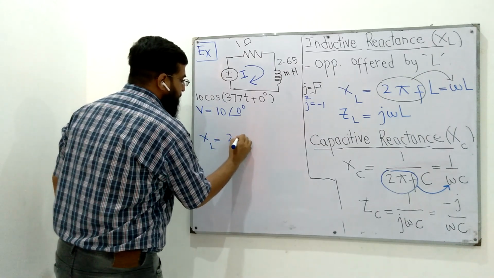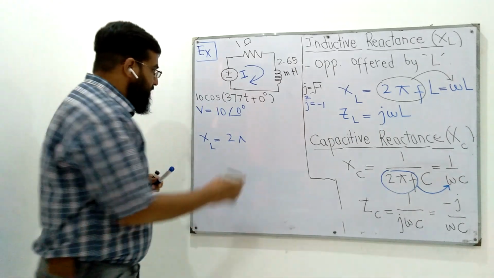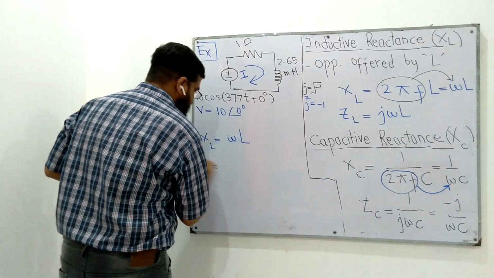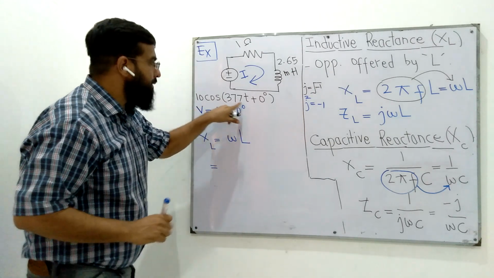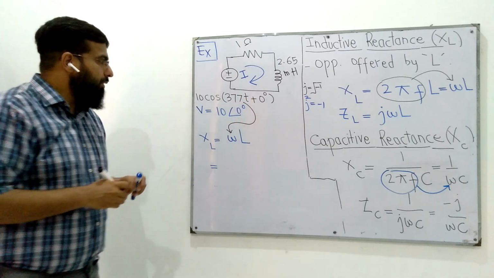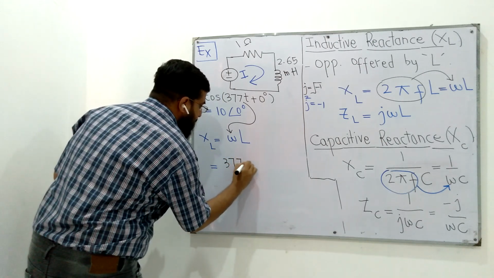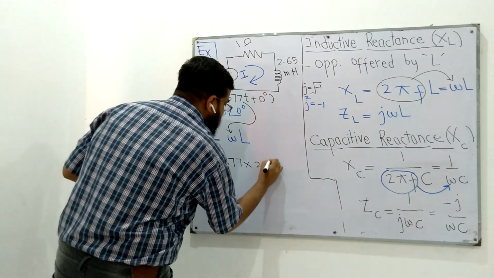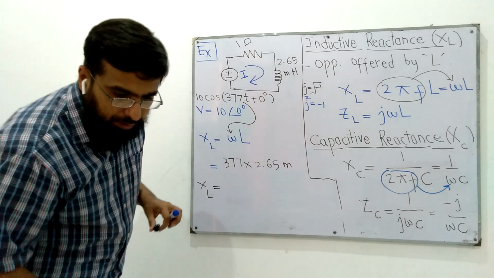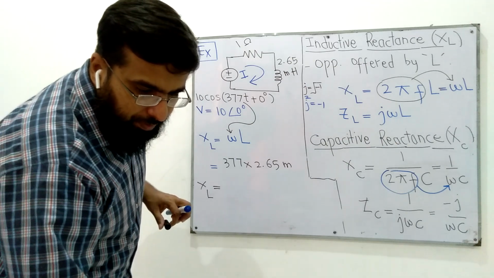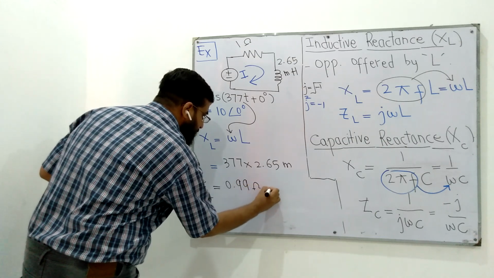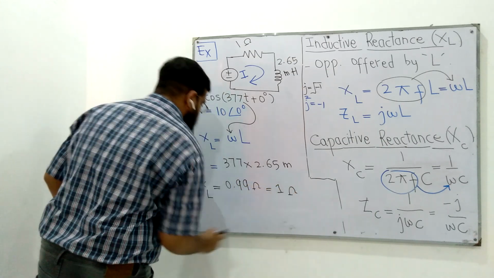XL is 2 pi f, or omega. What is omega? It's 377. This 377 is our omega. So we put 377 times 2.65 milli. This gives us an XL equal to 0.99 ohms, or 1 ohm.